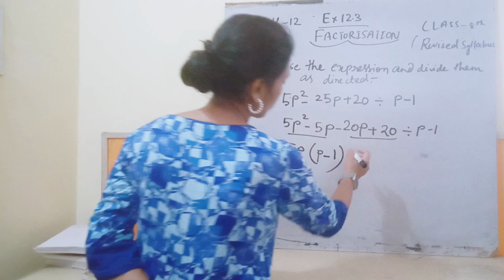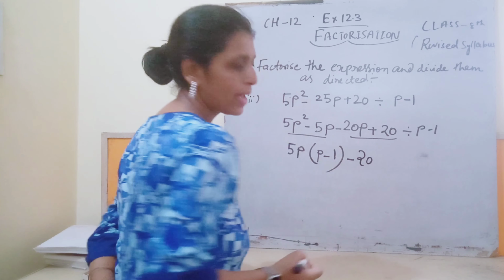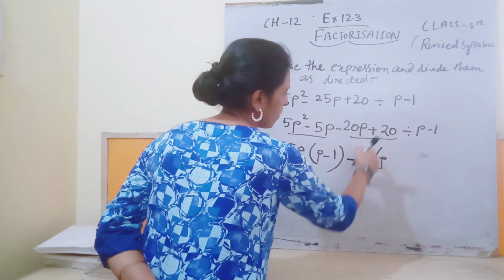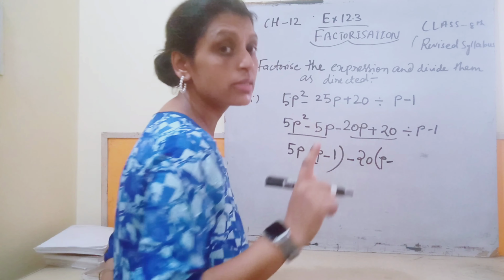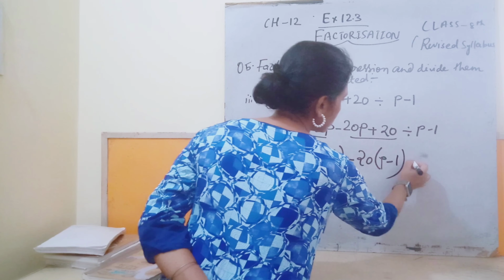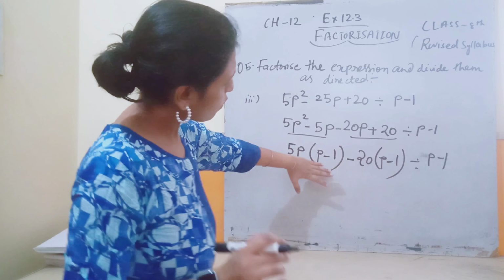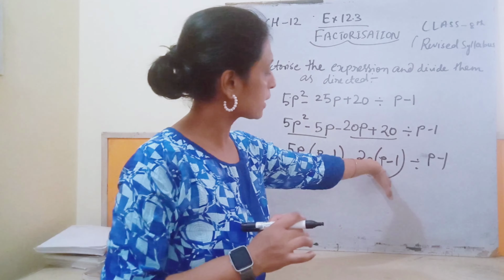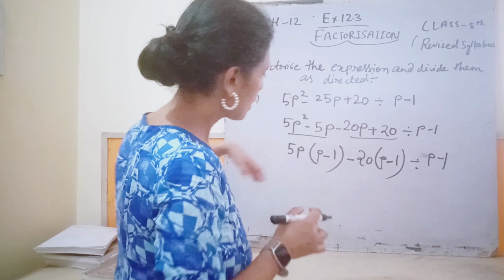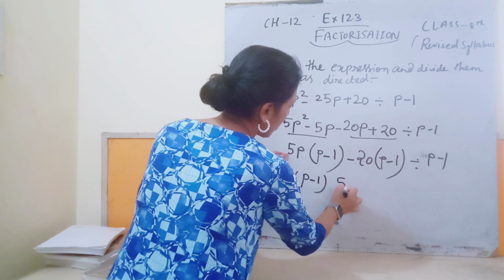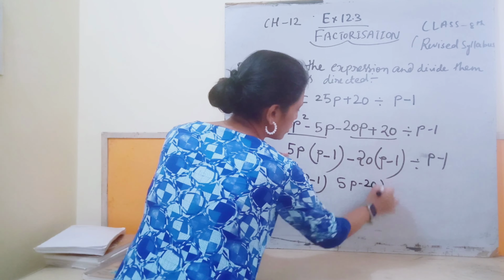So I am going to take minus 20 as common, and we are left with p minus 1. Now whatever common term we have got in the first pair, in the second pair also we have to get the same. So p minus 1 can be taken as common and here we are left with 5p minus 20.